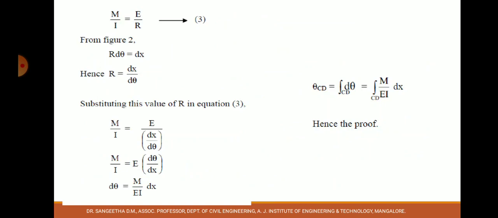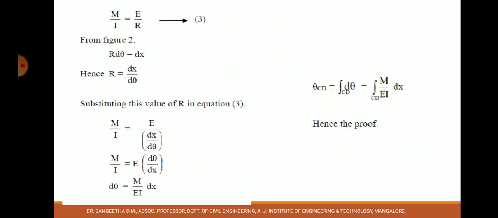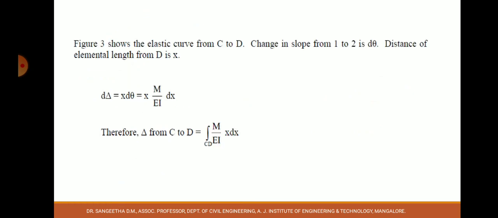Basic elastic equation: M by I is equal to E by R, and from figure 2, if R and d theta are the radius and differential angle, then dx is equal to R into d theta. Substituting and simplifying, we end up with theta CD equal to the integral of the M by EI diagram into dx, that is, the area of the M by EI diagram.